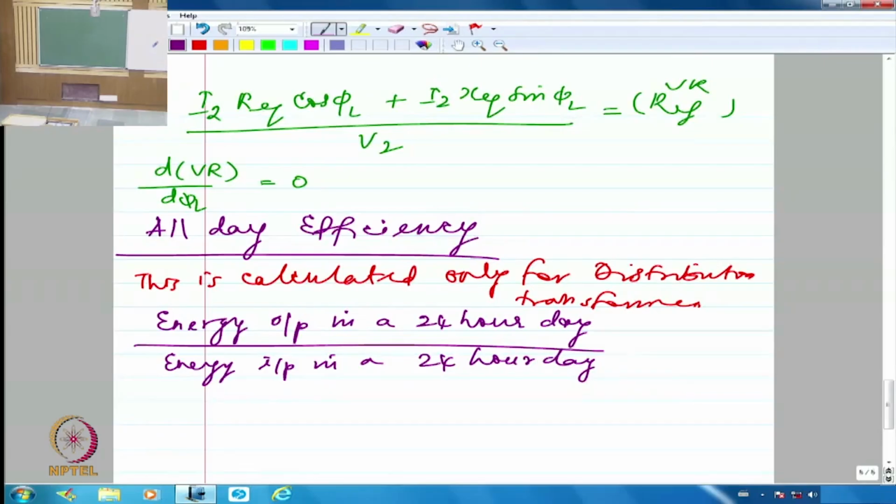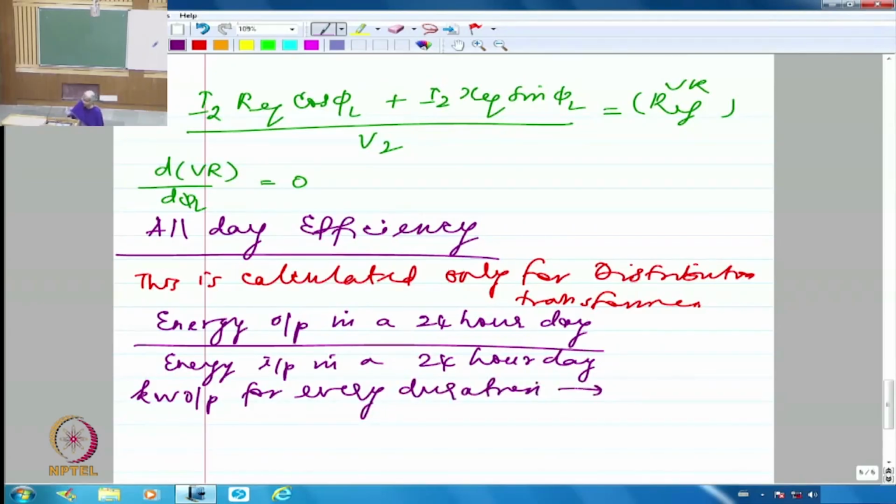But if it happens that way, you are going to essentially calculate the kilowatt output for every duration or every time interval given. During that time itself, you have to calculate kilowatt output plus iron losses, which will be a constant, plus whatever is the copper loss corresponding to that load.